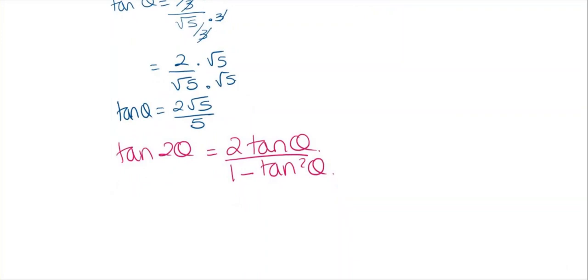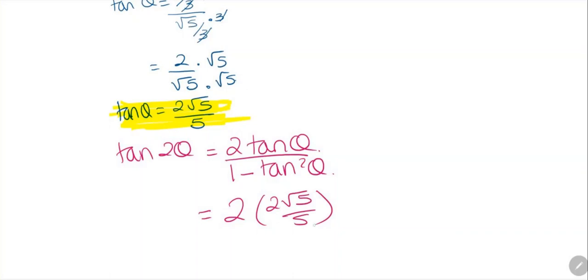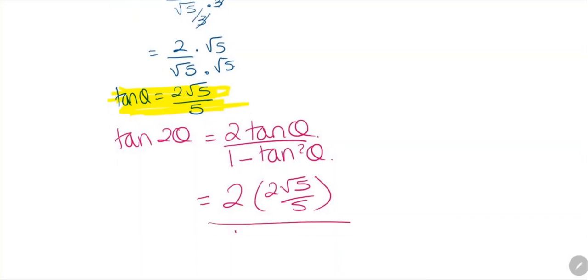So we're going to have 2, and we know that tan theta is 2 root 5 over 5. And this is divided by 1 minus 2 root 5 over 5 squared.